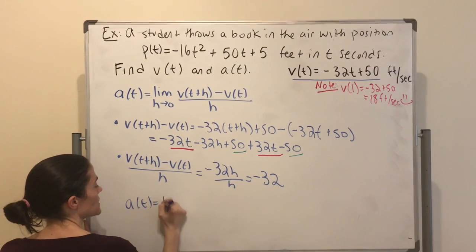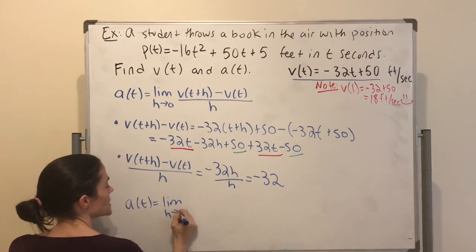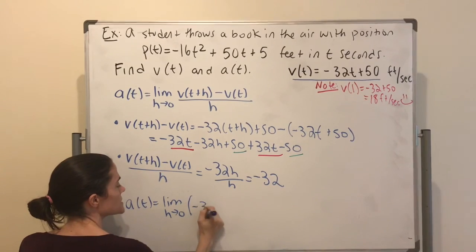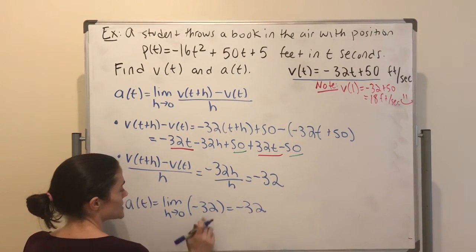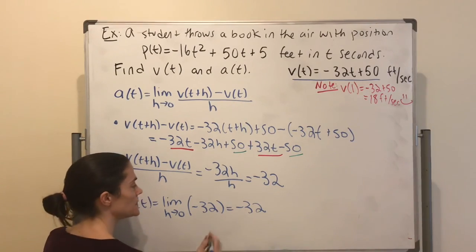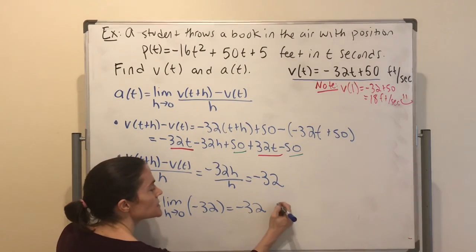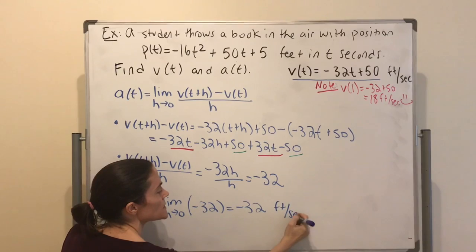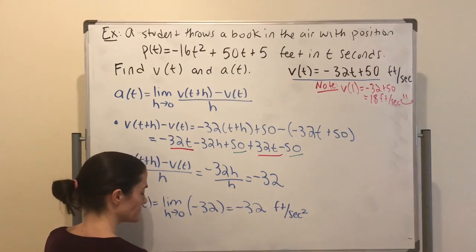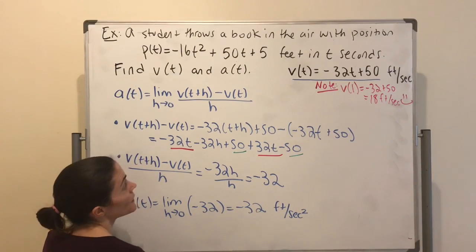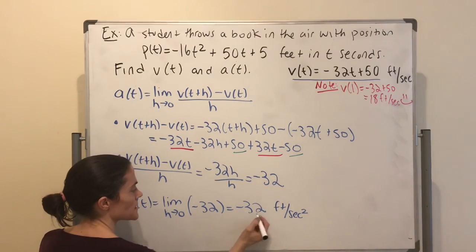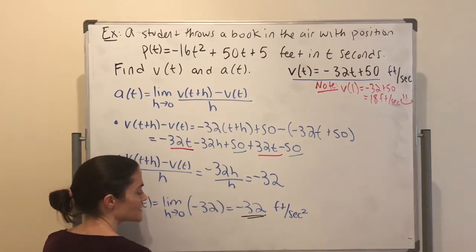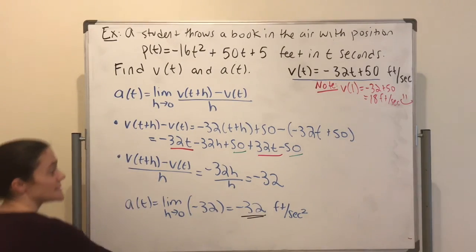A of t is a limit as h goes to 0 of minus 32. It's just minus 32. It's constant for every h. So here is acceleration. This is in feet per second squared. And this is the end of this. We have constant acceleration of minus 32 feet per second squared.